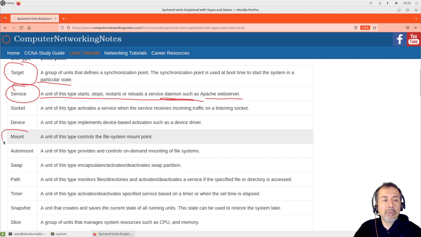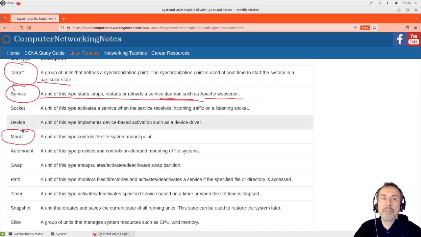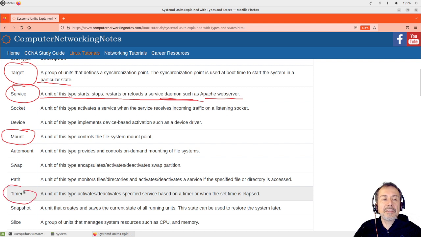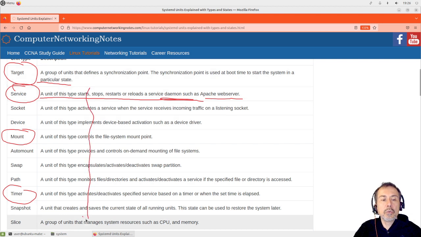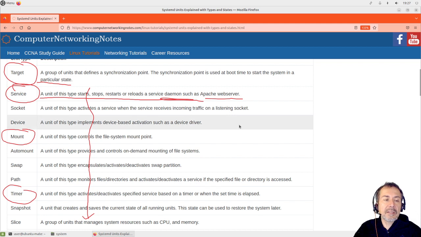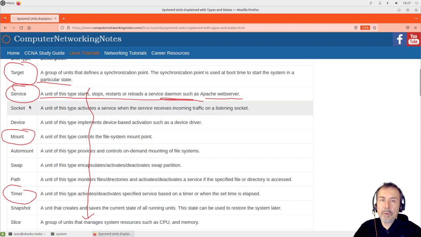We also have mounts for mounting file systems, and timers for executing actions at some time in the system. And of course, we have less used unit types. You can see that systemd is very complex, but as developers we won't need to know the details of each type or how to create units.